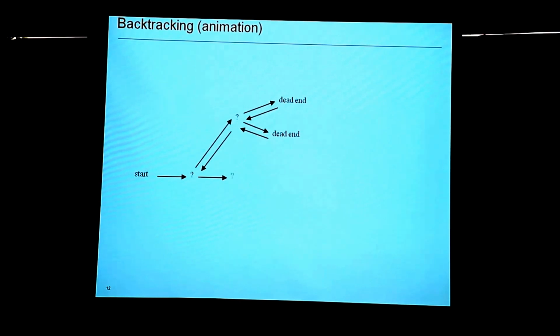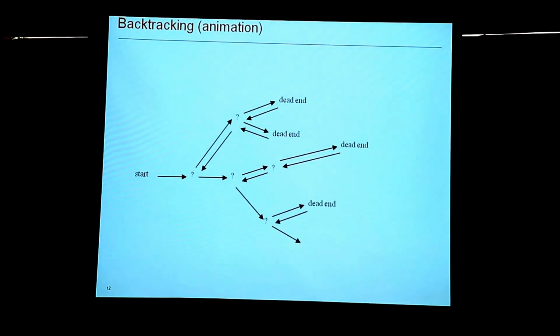The idea is to explore a node's choices, and whenever you find a dead end, you come back to the last junction. This is just like hill climbing. And finally, you may have success. Whenever you have success, you will stop.